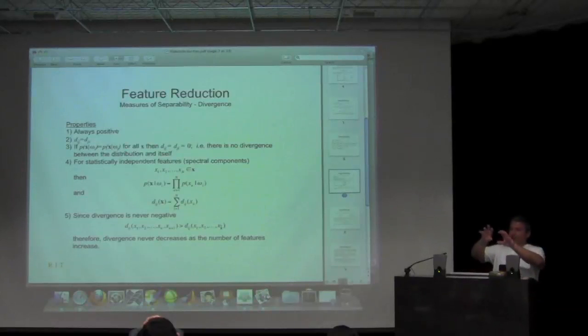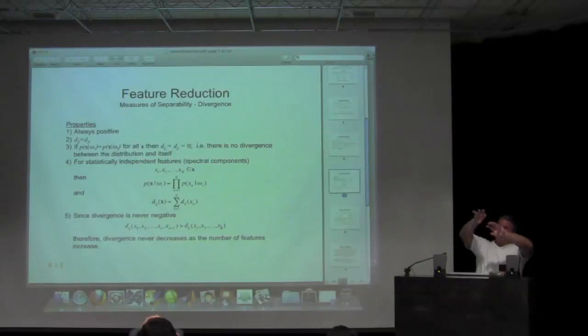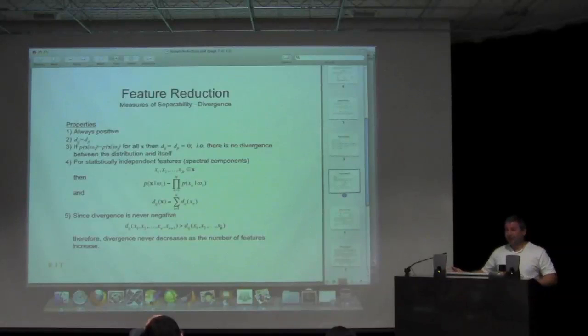If you think about that in 2 space, I have 2 clusters that are separated. If I add a third band, I can't decrease the amount of divergence that I saw with just 2, because they're going to be separated. If I add a third, they're going to get further apart or they're going to stay the same, but they'll never get closer together. So adding more bands always helps.